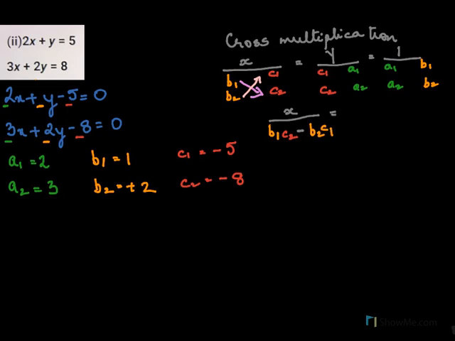Now we go to the next. You write y over, and the same step we continue. We'll multiply C1 A2 and subtract it from C2 A1. Here too we'll multiply A1 B2 and subtract it from A2 B1.